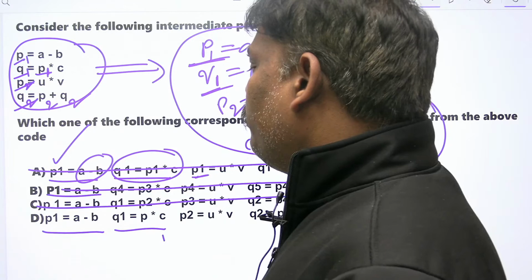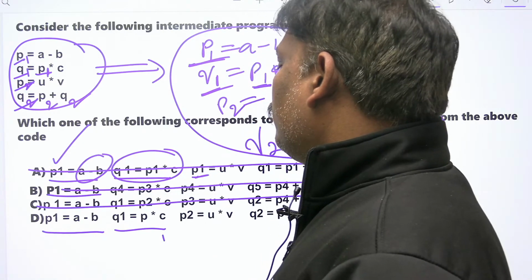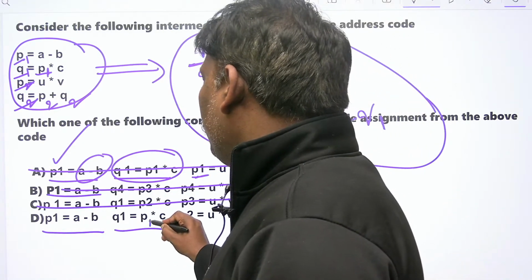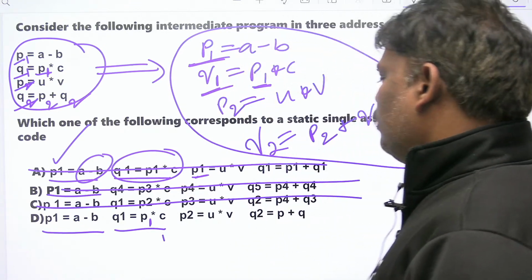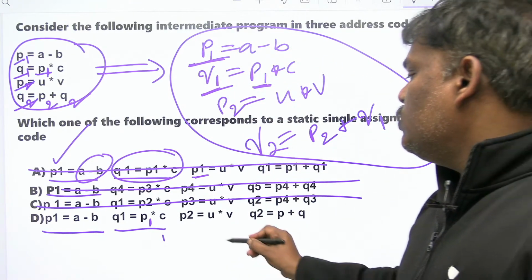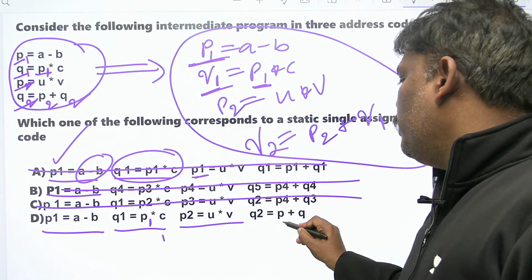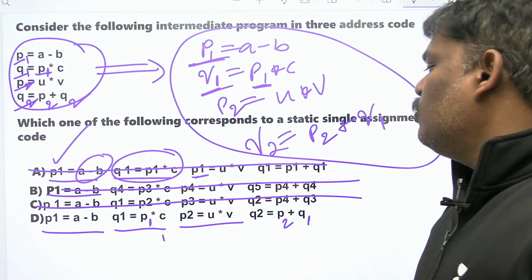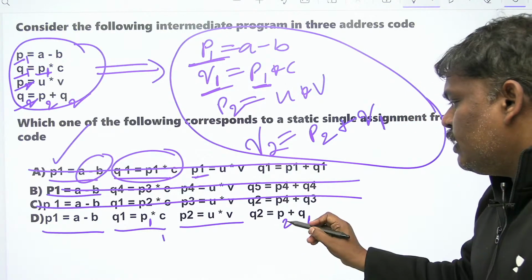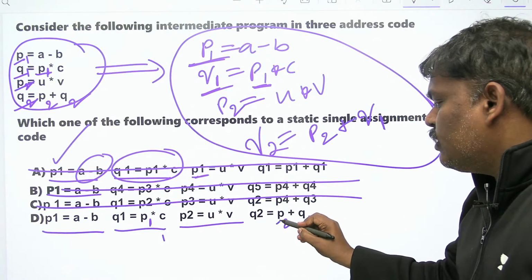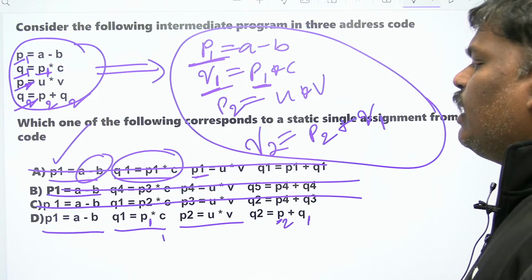Let's go to D. P1 is equal to A minus B. Q1 is equal to P1 into C. Right? Next one. P2 is equal to U into V. Q2 is equal to P2 Q1. Yeah, I think some labels are missing. See, labels are also missing here. Same answer, only labels missing.